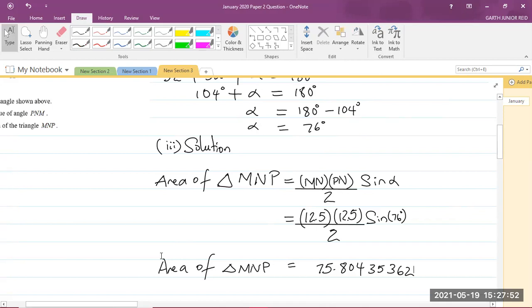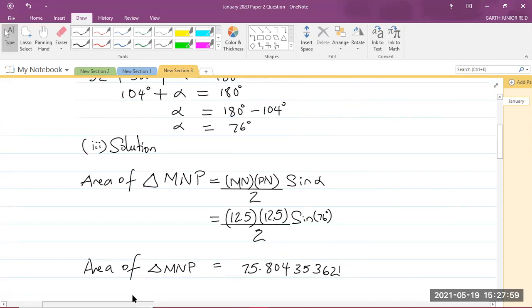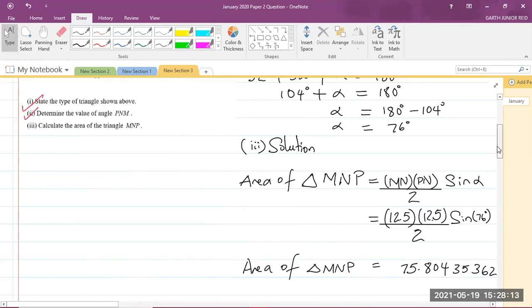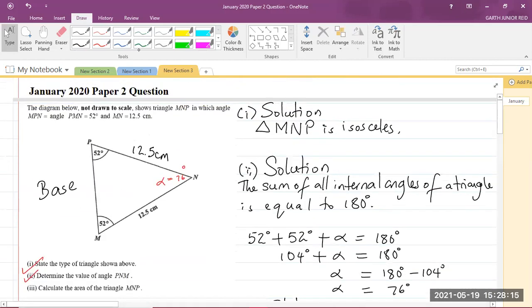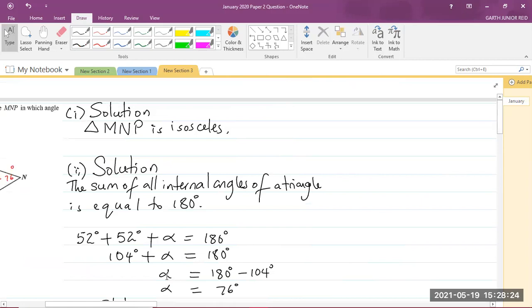And remember that we're dealing with area, which is in squared units, and our unit here is centimeters. So I can come over here and say squared centimeters. And that is my solution for part 3 of this past paper question, and that is the end of this question.